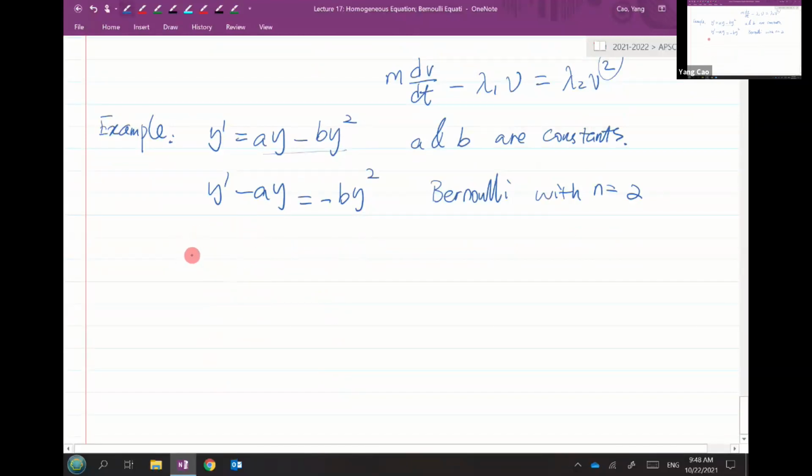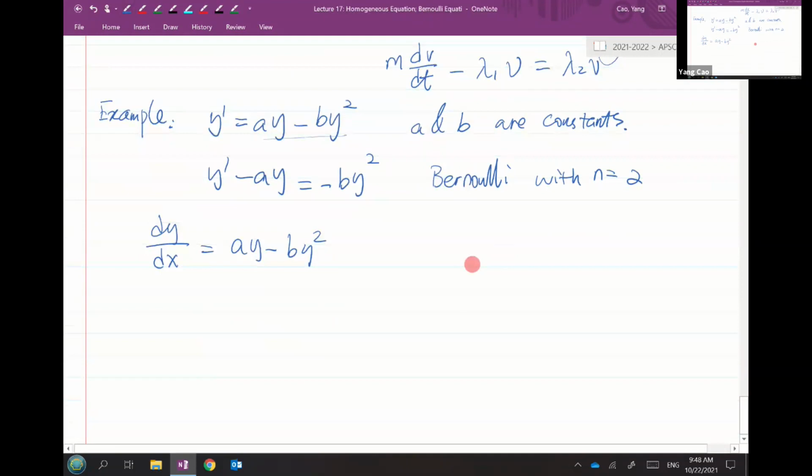How about this? y prime is dy over dx, assuming y is a function of x. How about moving all the y terms to one side like this? Can I do that, right?